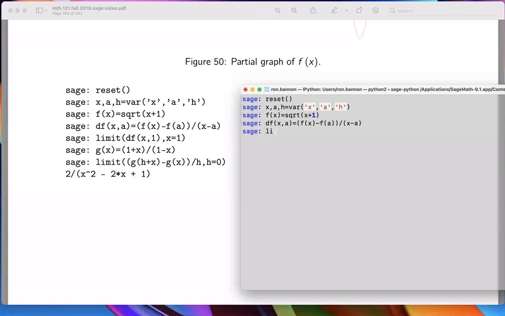Now I want to do the limit of the function DF, and I'm going to say X, comma 1. So now what am I saying? I'm saying that A is equal to 1, and we want X to approach 1.